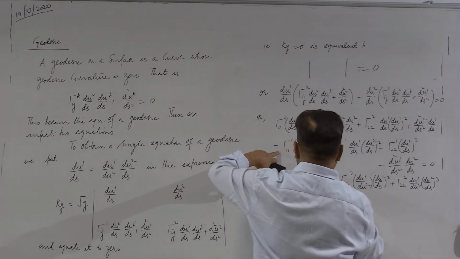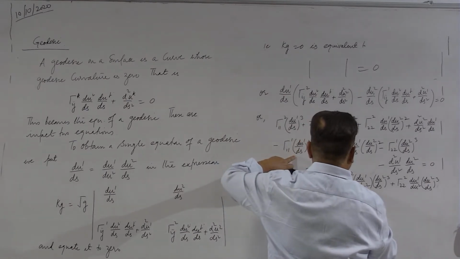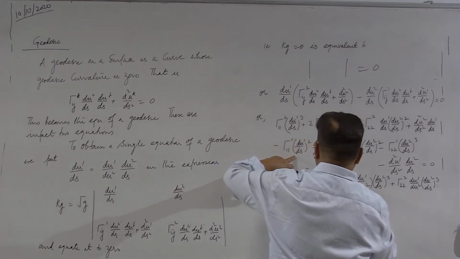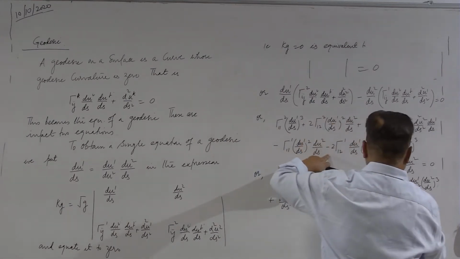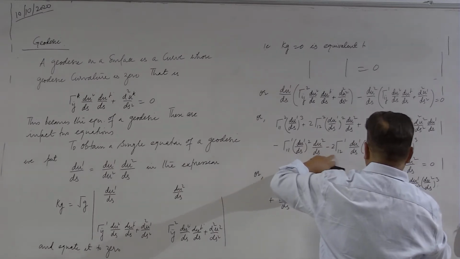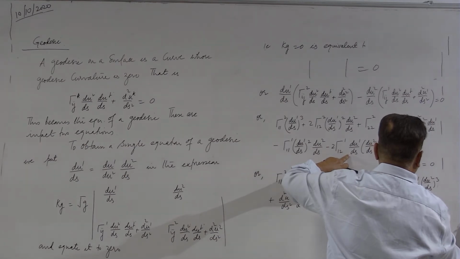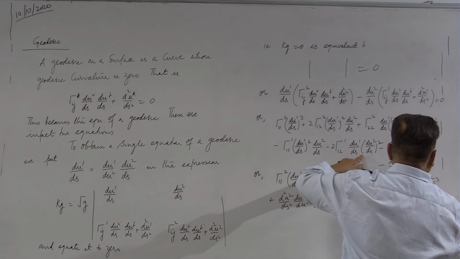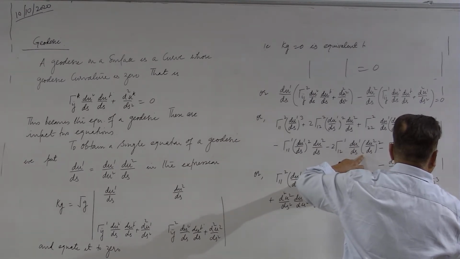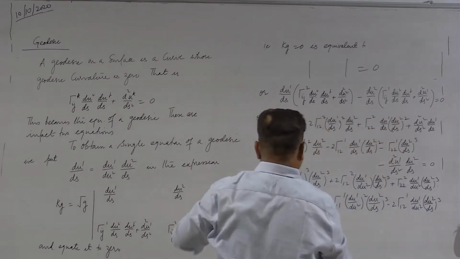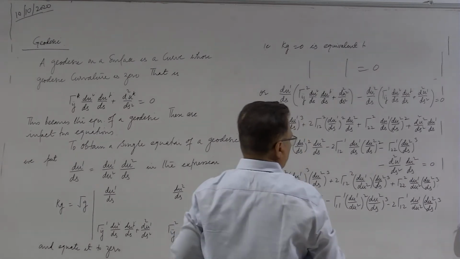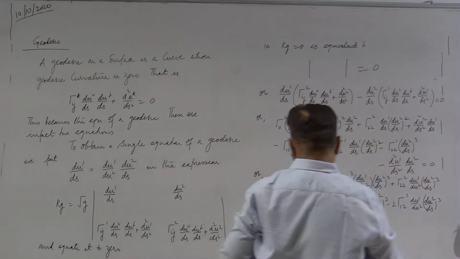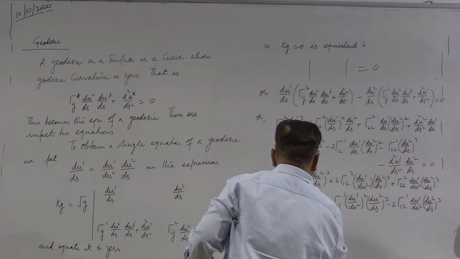So, minus gamma 1 11 (du1/du2) whole square into (du2/ds) whole cube, minus 2 times gamma 1 12 du1/du2 into (du2/ds) whole cube, and this second last term is minus gamma 1 22, this you keep as it is, (du2/ds) whole cube.